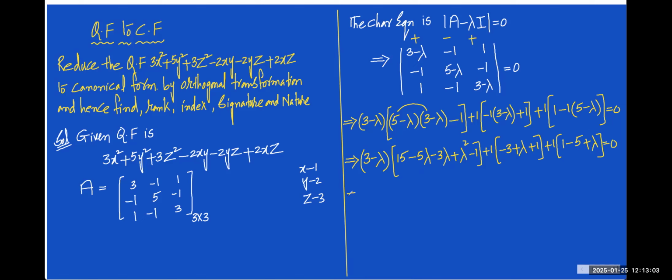This implies that 3 minus lambda as it is. This one, if you simplify, lambda square minus 5 and 3 together becomes 8 lambda. 15 minus 1 is 14.